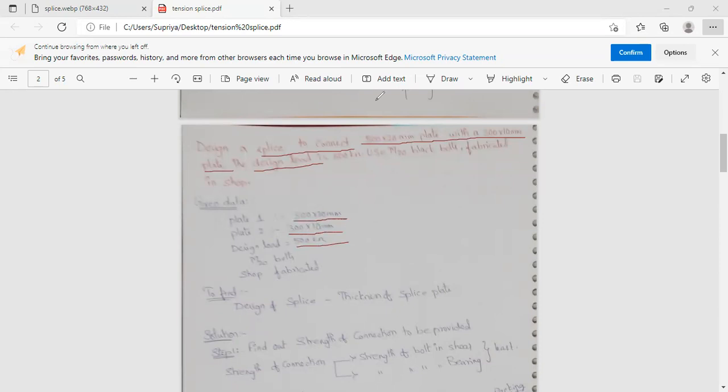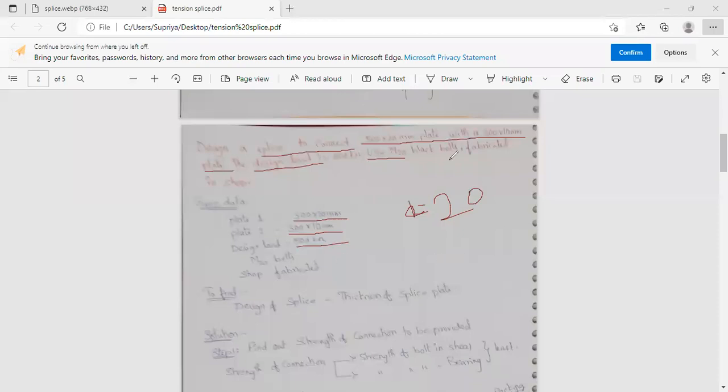Which type of bolts do we have to use? M20 bolts. If you are using M20 bolts, what is the diameter of the bolt? 22, ma'am? What is the diameter of the bolt, not the diameter of the hole? The diameter of the bolt is 20.